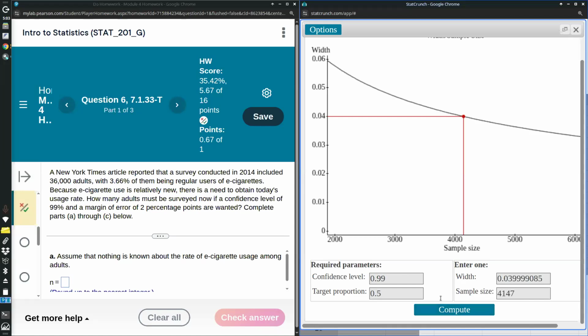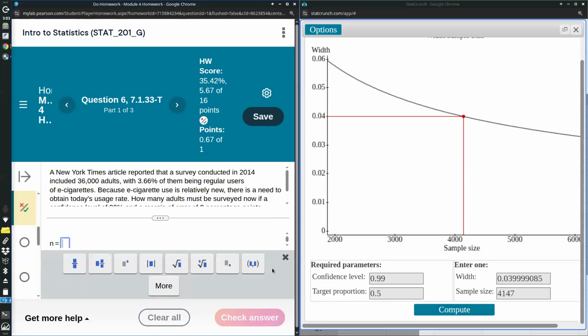And then we compute. The part where it says assume nothing is known about the rate of e-cigarette usage is not taking into account this 3.66%. That is from this 2014 survey that we're going to use in part B. So we just leave it alone as 0.5 and we hit compute and we get our answer of 4147.